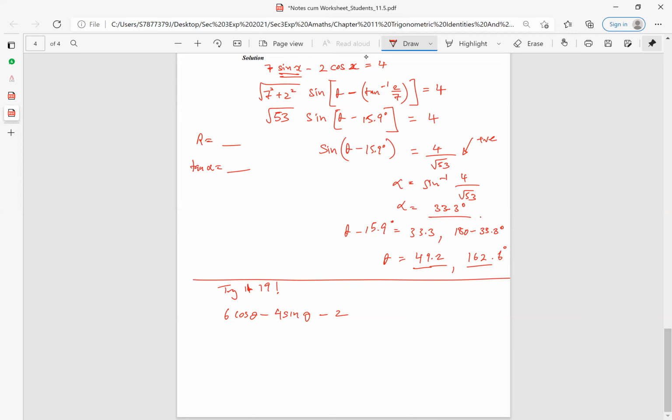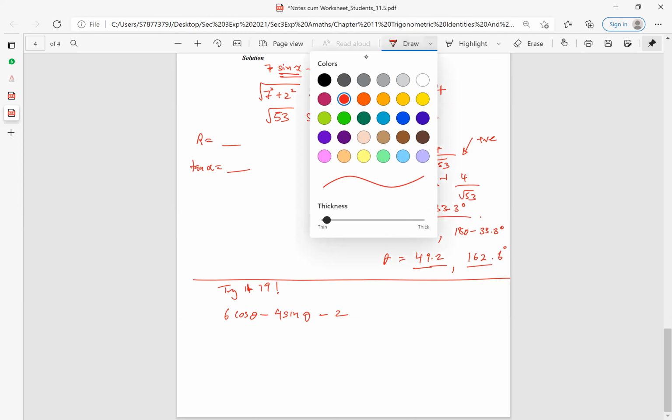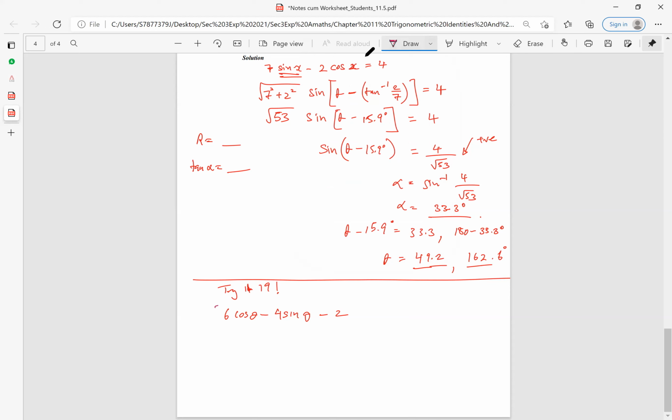Now I want you to separate this out so that you get a clear vision. You're only going to focus on this. This one will come in later. Do you get what I'm trying to say here? Okay, so for this one, you get the square root of 6 squared plus 4 squared, cosine theta, because this is minus for sine, so this one should be plus, and it should be tangent inverse 2 over 3.